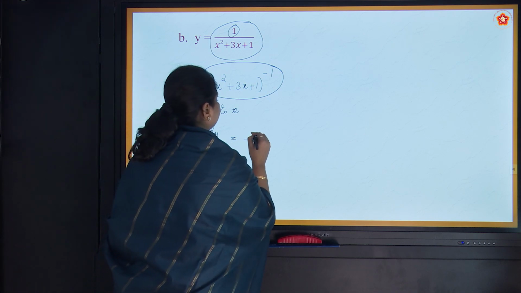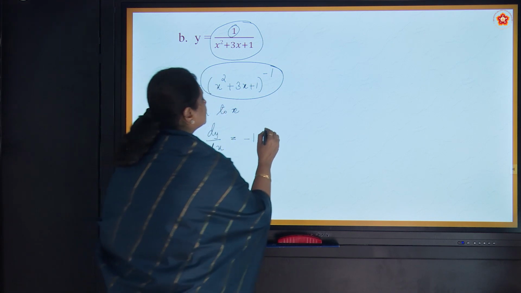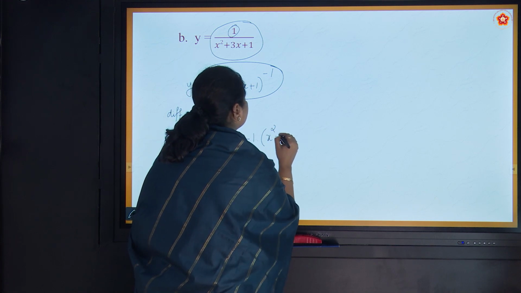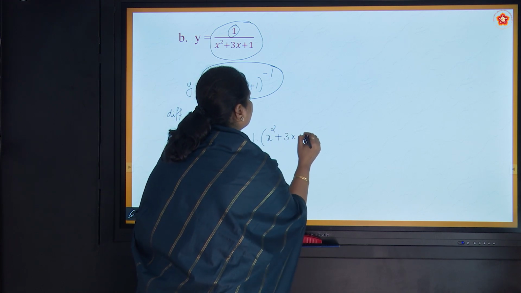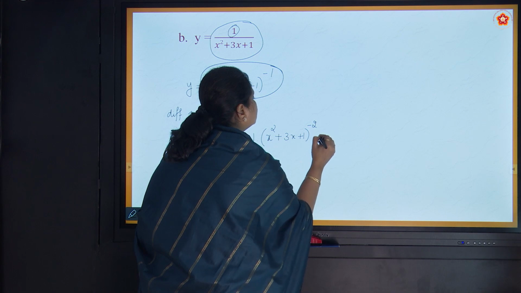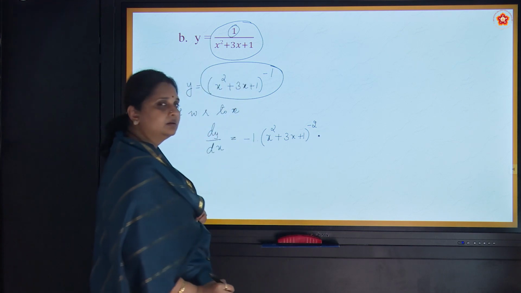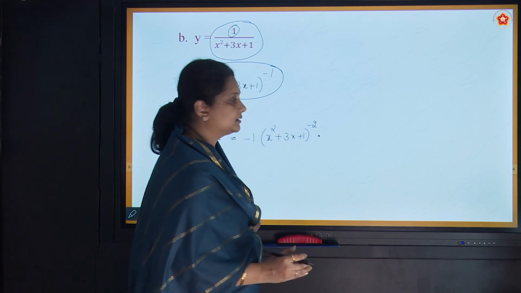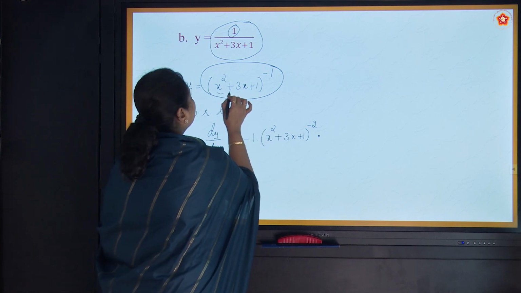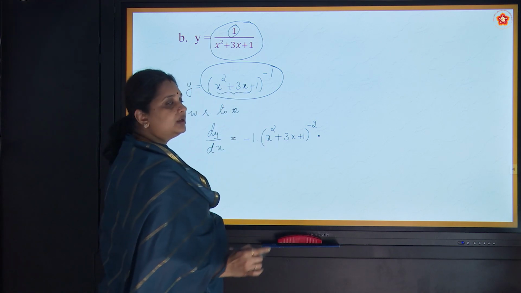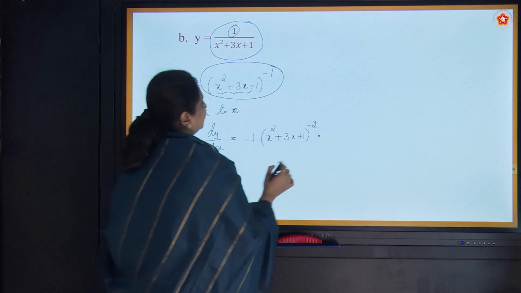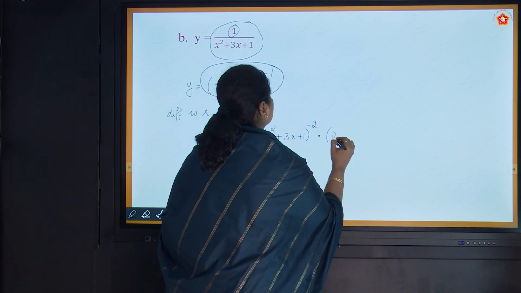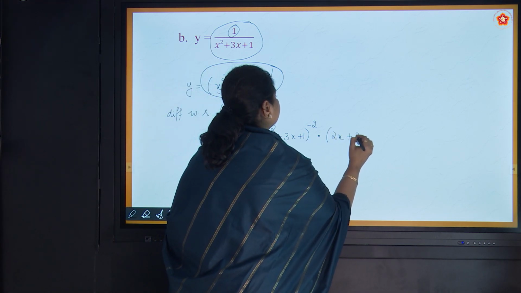So the power will be brought as a coefficient and 1 will be subtracted from that, into, so every step you need to multiply it. So into, now the base is a polynomial, you will differentiate the base. So this will be 2x plus 3.